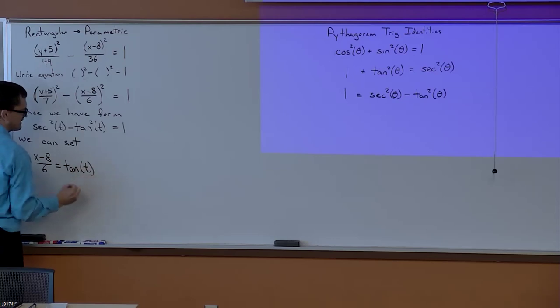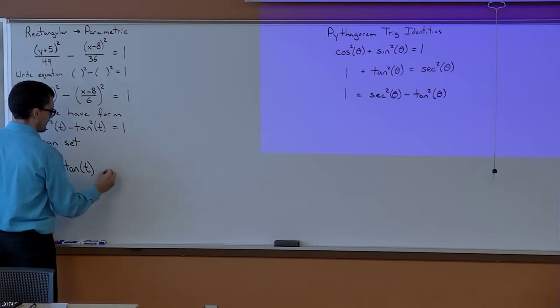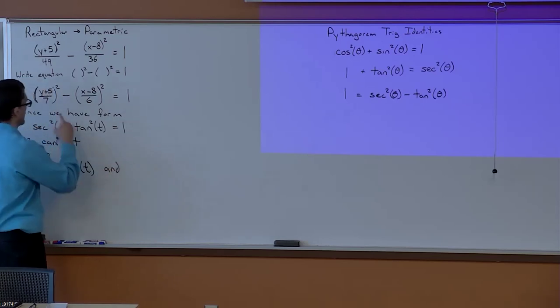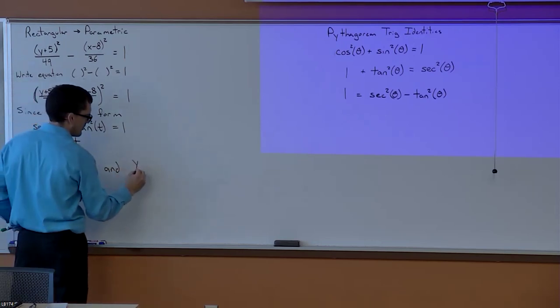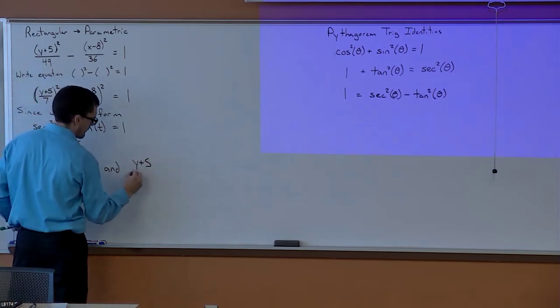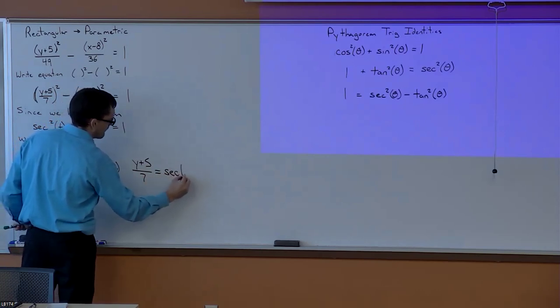And I'm going to say tangent of t. Again, if you want to say tangent of theta and use theta as your variable, that's fine too. And then the (y plus 5) over 7 has to be the secant part.